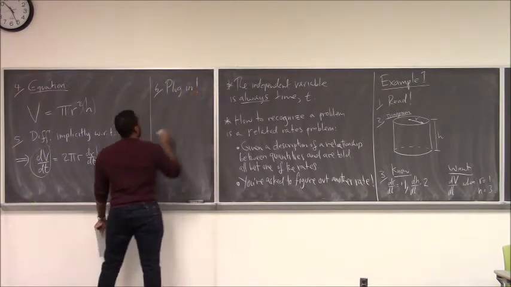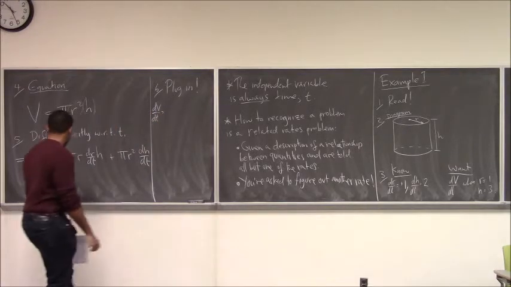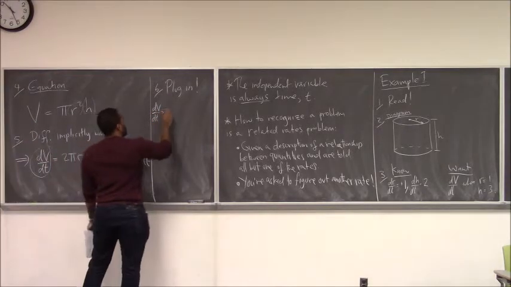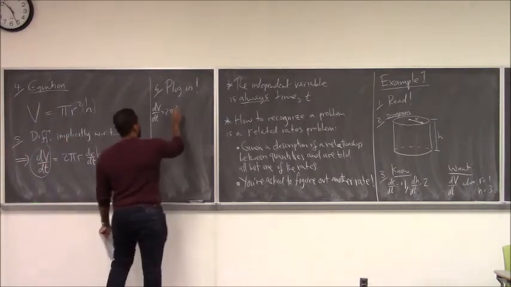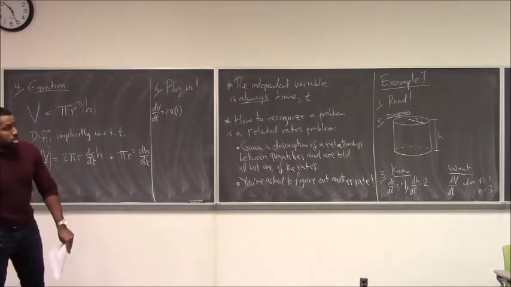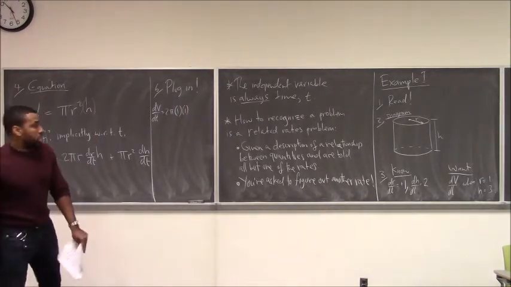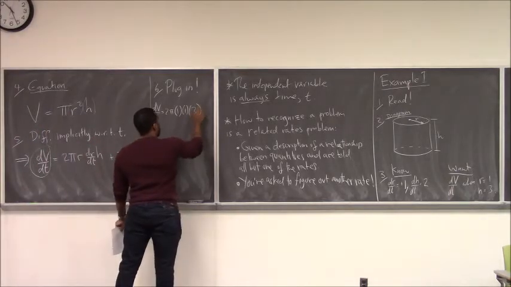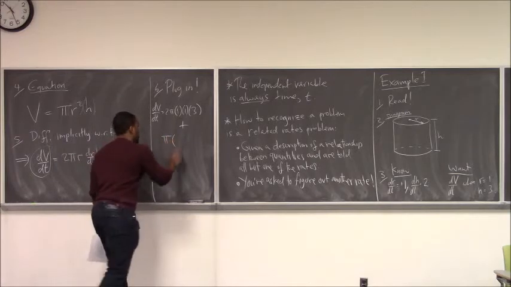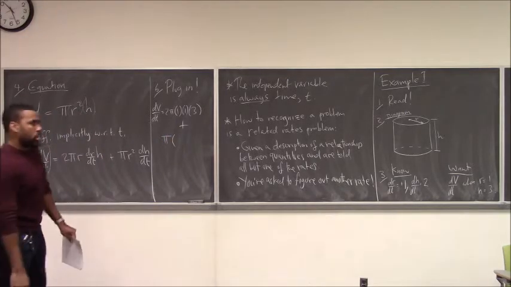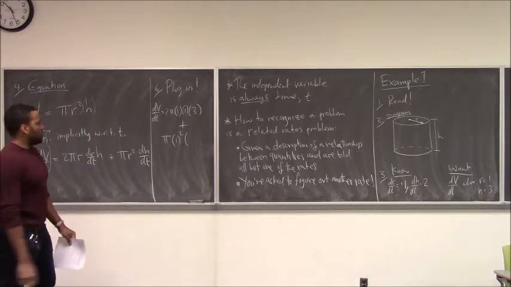Plug in. So I know my dV/dt here is going to be 2 pi times r, which is 1, times dr/dt, which is also 1, times h, which is 3, plus pi times r squared, r is 1, times dh/dt, which is 2.